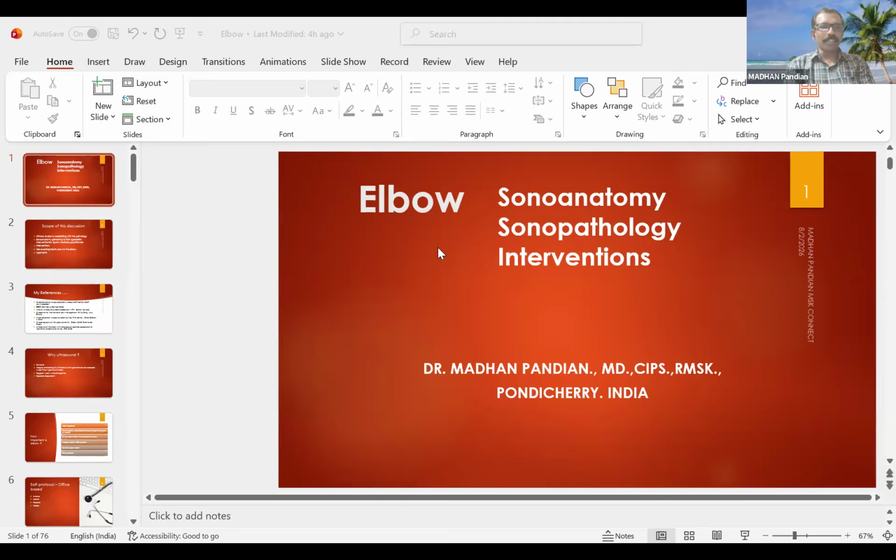And before an intervention, please have a diagnosis on hand. Don't do any diagnostic interventions. It's not like your shoulder where you can do a subacromial bursa injection, maybe to diagnose a tendinopathy or an impingement or anything. But elbow is an area where we'll have to be very cautious. And more importantly, intra-articular joint injections, very rarely you should use. You should never use, rather, I'll say.